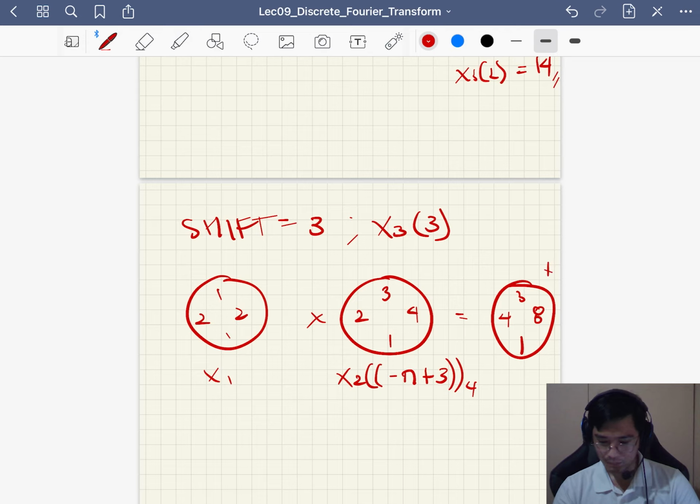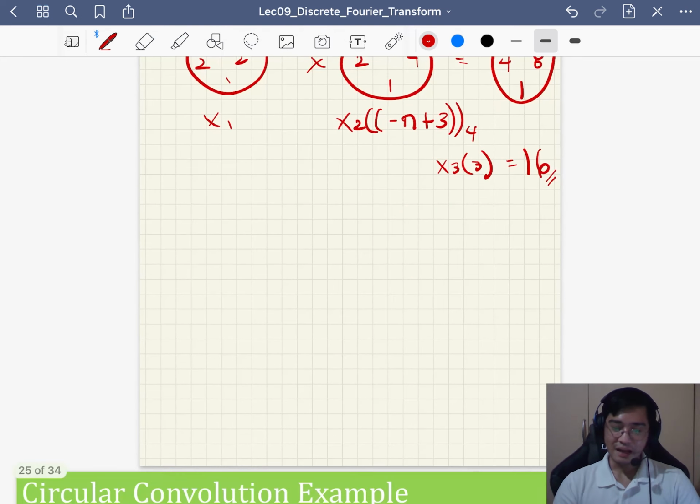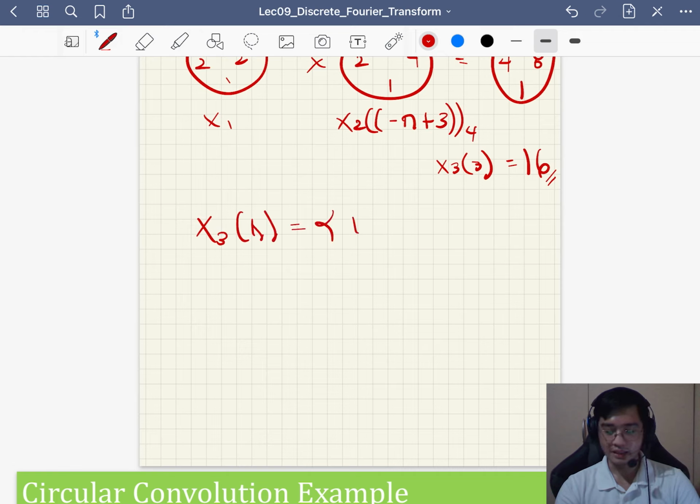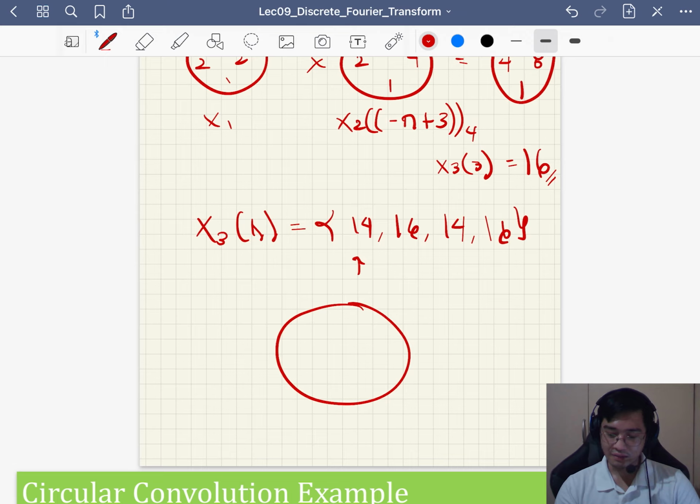Add them up, we have x3 of 3 is equal to 11 plus 4, 16. So we have x3 of n is equal to 14, 16, 14, 16. If we want to represent it in a circle, we have this one. So that's how you do circular convolution.